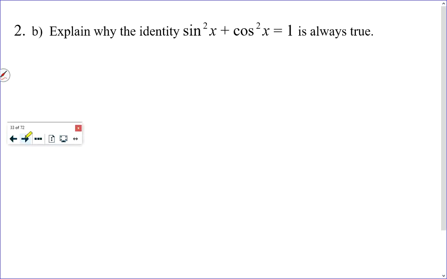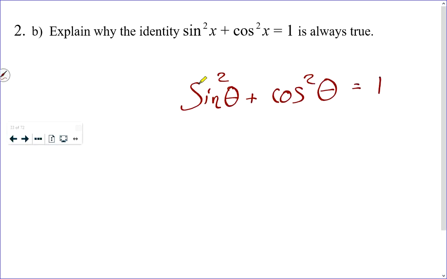Why is this identity always true? Well, the reason is that on the unit circle, we've defined sine of theta as y, cos of theta as x, and on the unit circle, x squared plus y squared equals r squared, which is 1. So again, in order to explain this, I revert to theta instead of x.